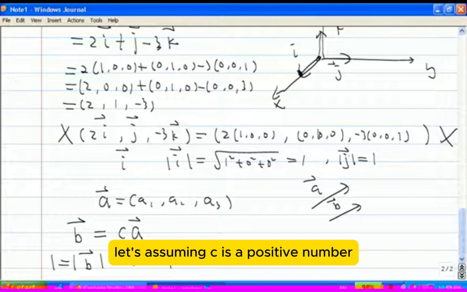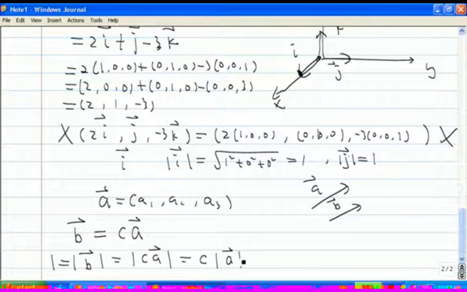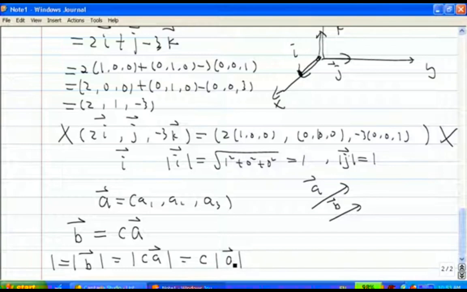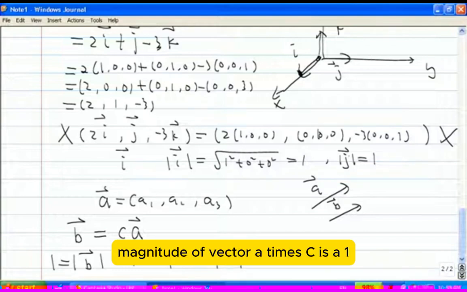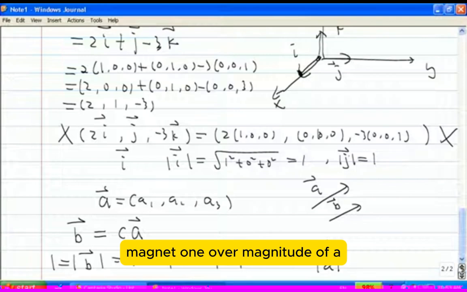Let's assume c is a positive number, so you can put that out. This means c times the magnitude of vector A is 1. That means your c must be 1 over the magnitude of A.